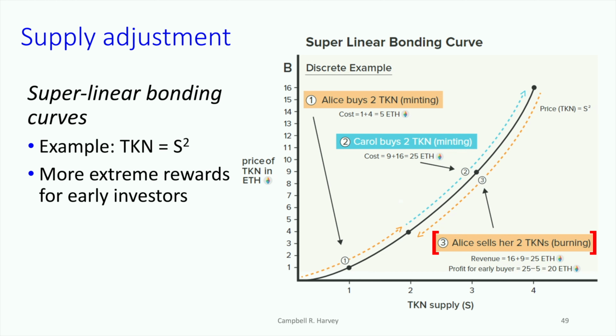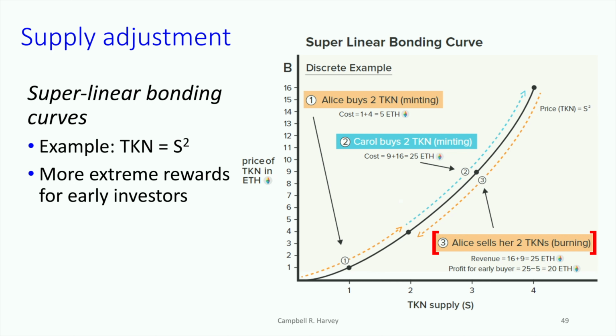Now, just like the previous example, Alice decides to sell her 2 tokens. This would be burning. Those 2 tokens go back to the contract and are destroyed, and Alice is able to come up with the revenue from that burning. The revenue is going to be 16, and that's the 4th token, and then 9 is the third, so total of 25.